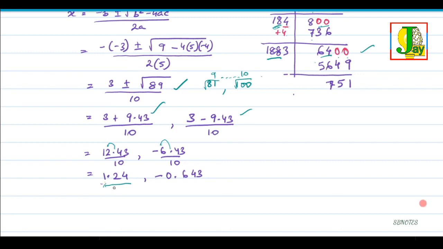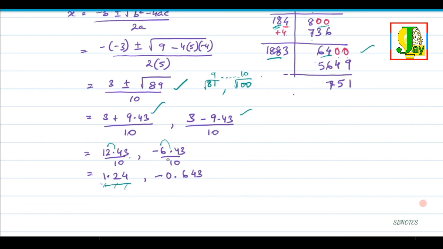So 1 has a significance here, 2 and 4, all these digits in this number have got their value, significant place. Okay, so this 3 decides whether it has to be 4 or more than 4. So if it is 5 or more than 5, then it should be 2, 5. Okay, but it is 3, less than 5, so it's 1.24.